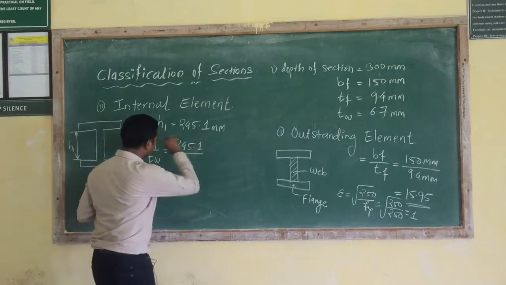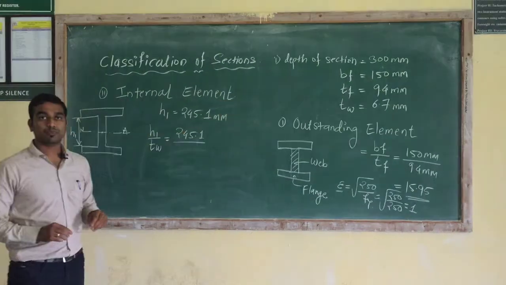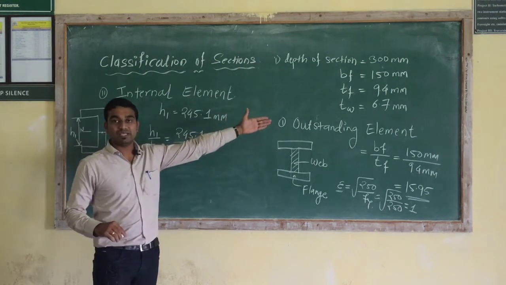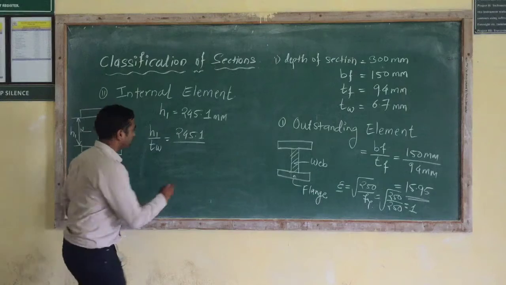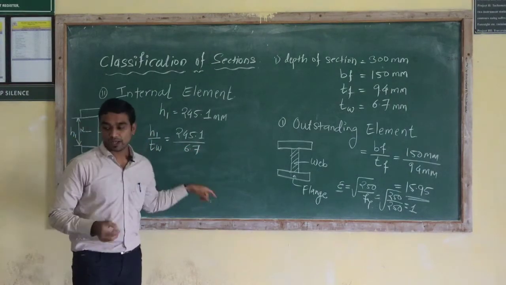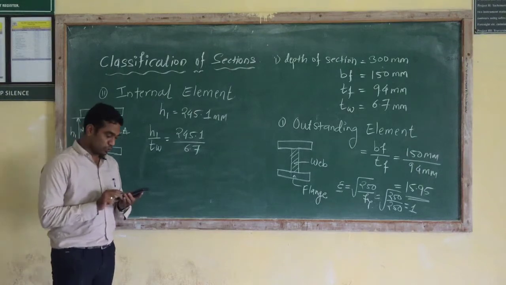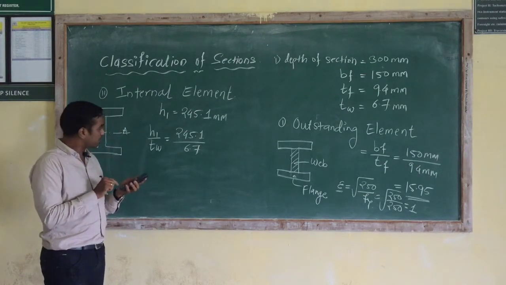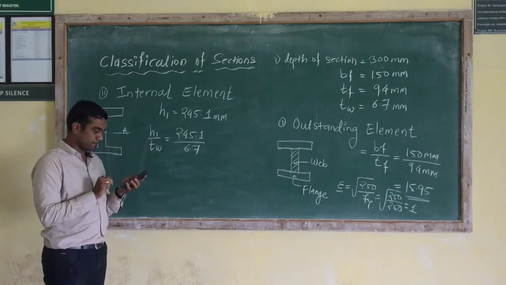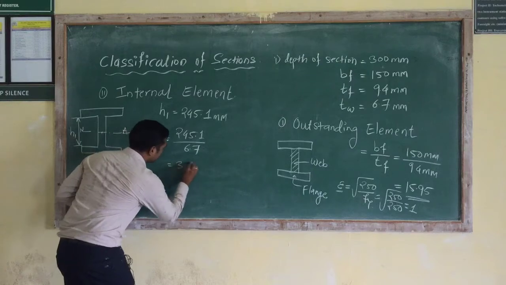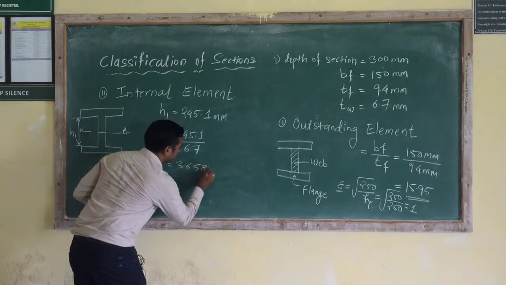The thickness of web is 6.7 mm. Calculate this value: 245.1 divided by 6.7, we get 36.58.